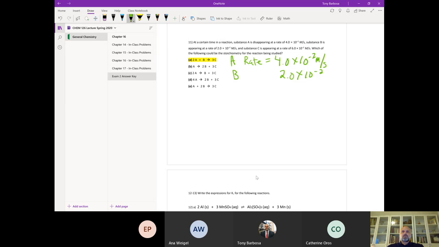And all that percent ionization is just equal to the, what am I trying to say? I can't even think of the word right now.